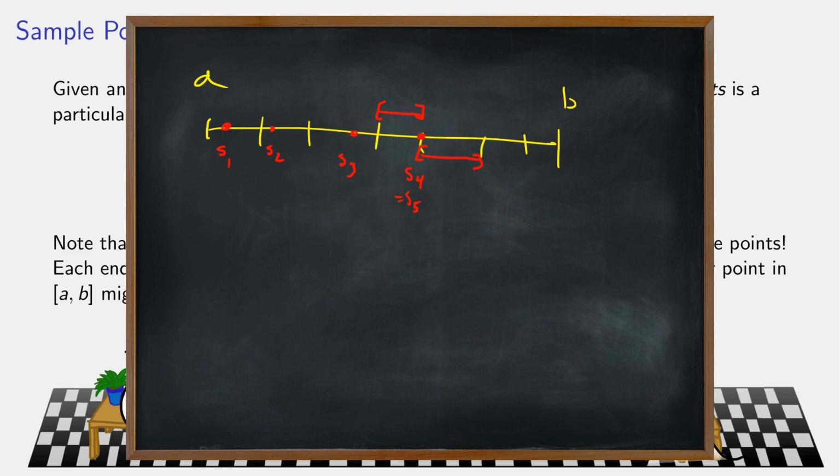But I can't pick it more than twice because now I have to pick something from the next interval, and maybe I pick it here, there's s_6, and maybe I'll pick the right endpoint as s_7. So it's possible to pick some points more than once, but not more than twice.